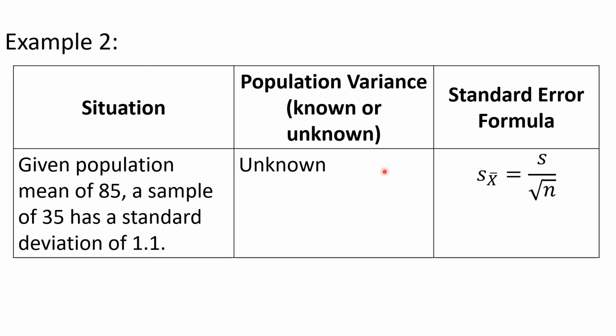And if the population variance is unknown, then the standard deviation of the sampling distribution of the sample means, or the standard error formula, uses the sample standard deviation. And the formula for that is s sub x bar equals s over square root of n.